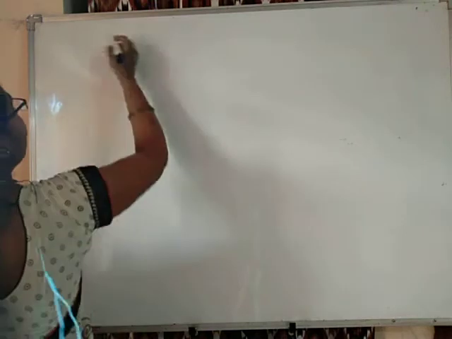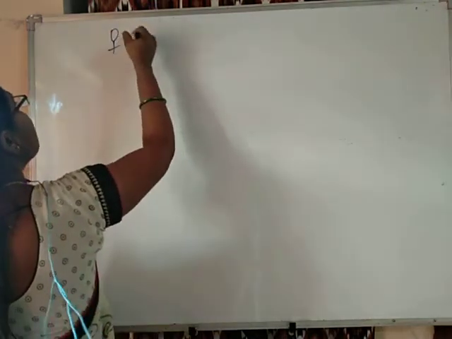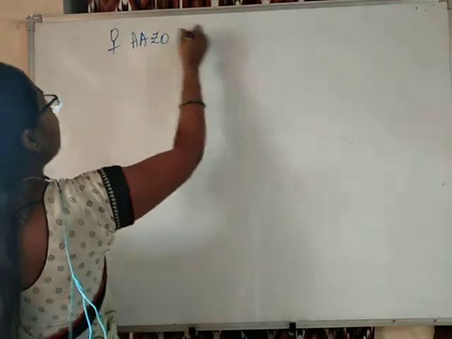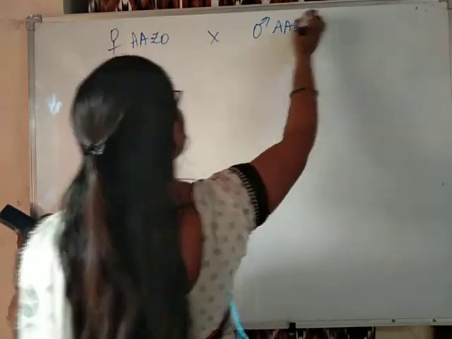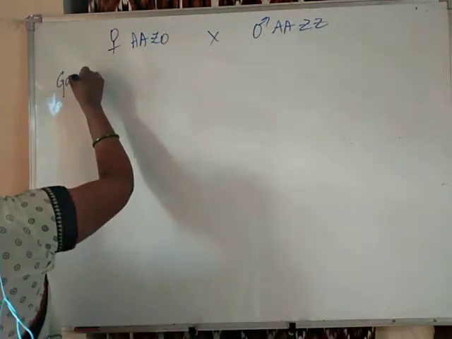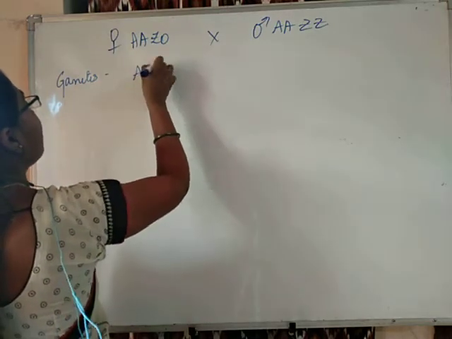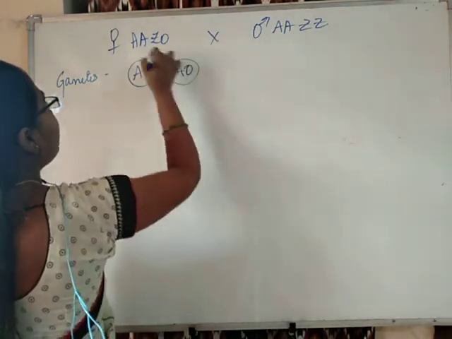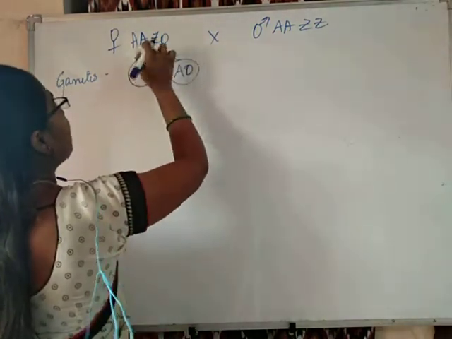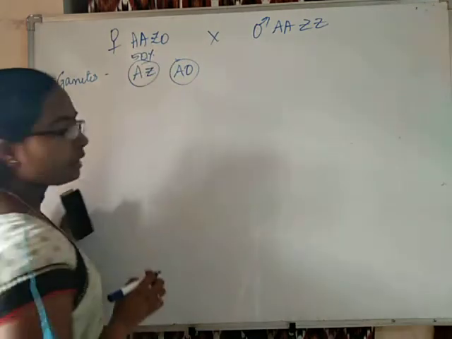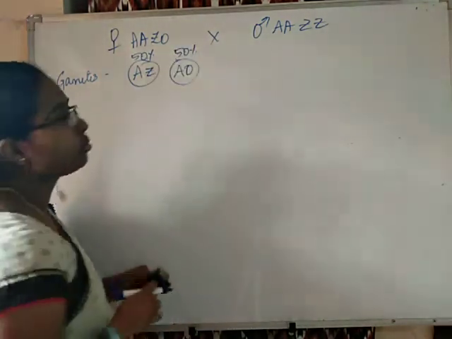In the case of butterflies and moths, we have studied that the female individual is AAZO and the male individual is AAZZ. The gametes of the female will be AZ and AO: 50% contain a Z chromosome, 50% do not contain any sex chromosome.